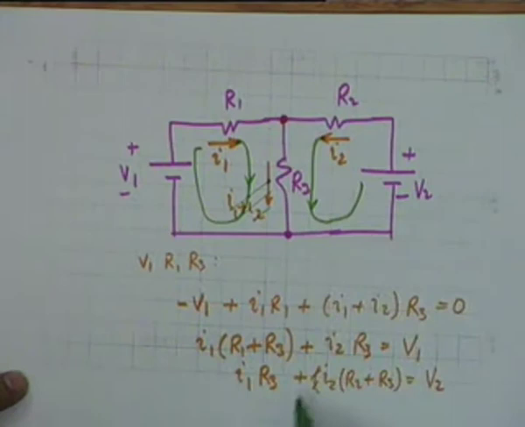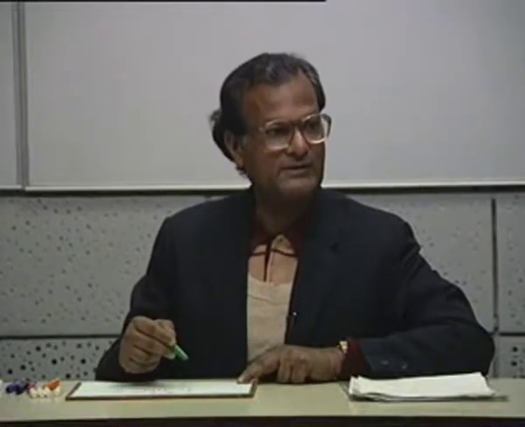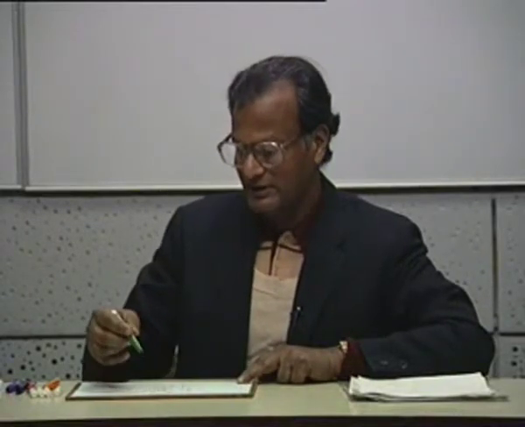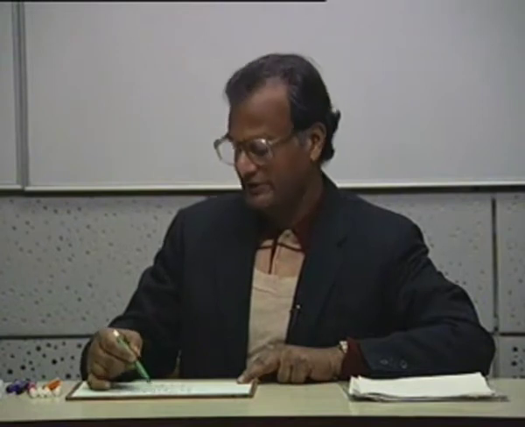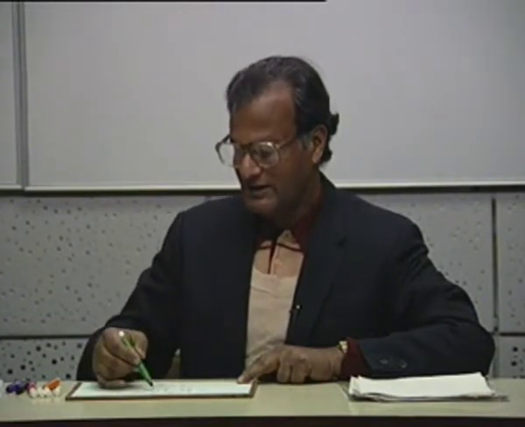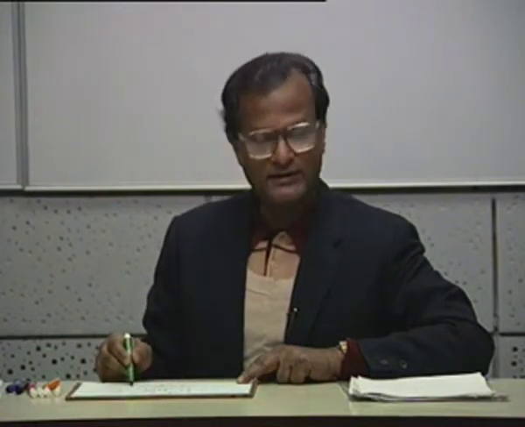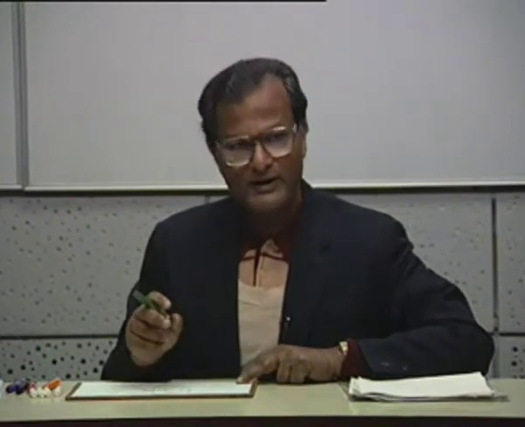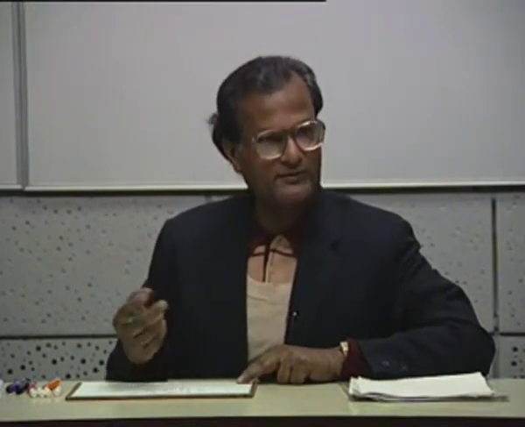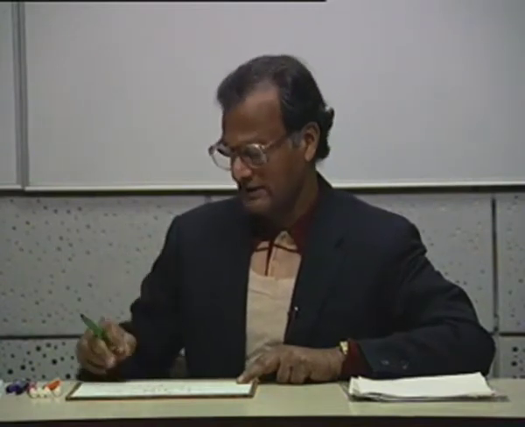Now you see that these equations are the same if we write on the loop basis. I1 for example gets dropped in R1 and R3, so I1 (R1 plus R3). Then across R3 I2 also drops, so plus I2 R3, and this is equal to V1. So loop analysis and branch current formulation give exactly the same results.